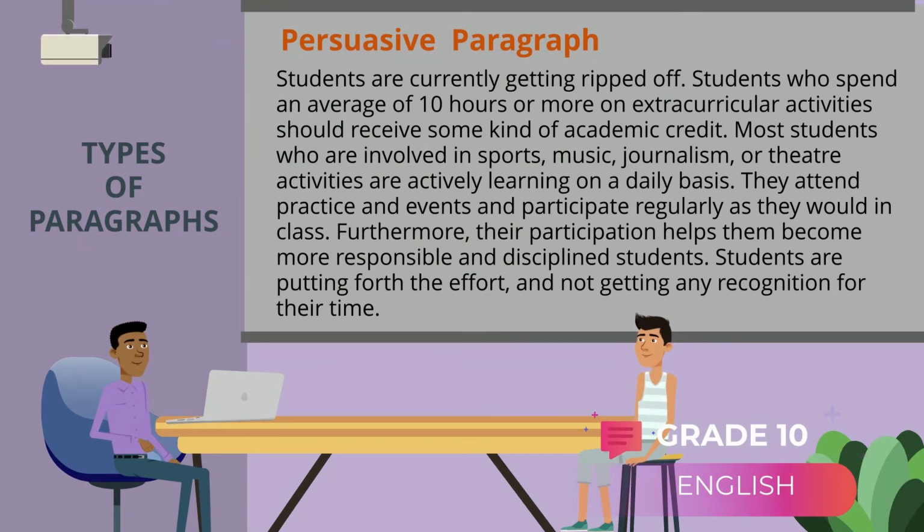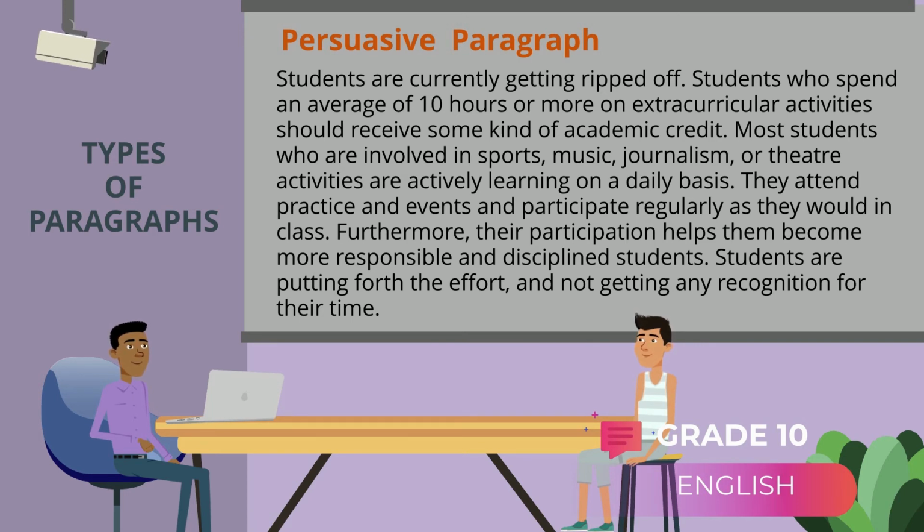Students are currently getting ripped off. Students who spend an average of 10 hours or more on extracurricular activities should receive some kind of academic credit. Most students who are involved in sports, music, journalism, or theater activities are actively learning on a daily basis.